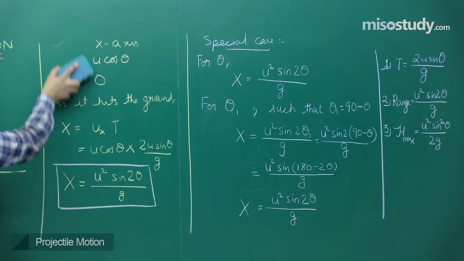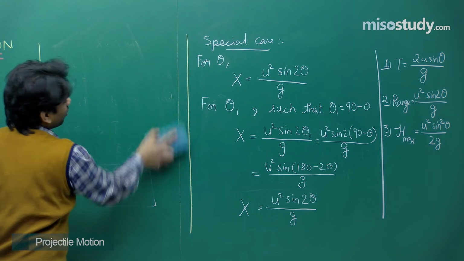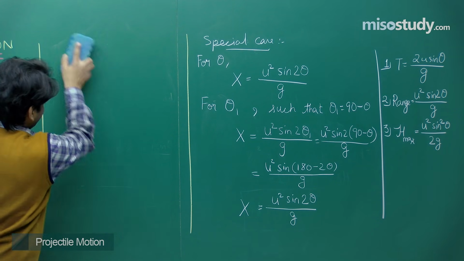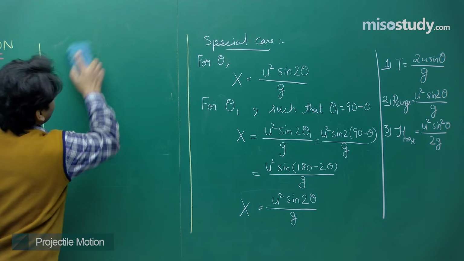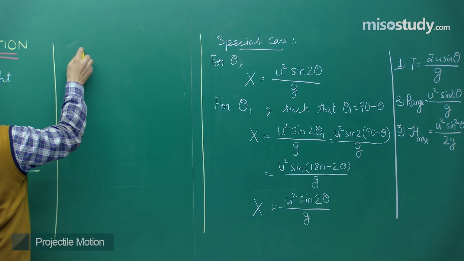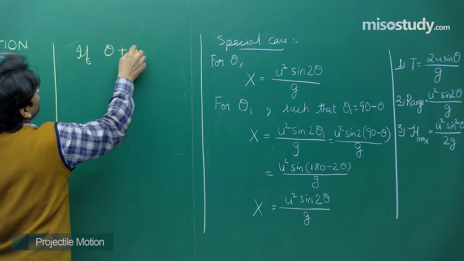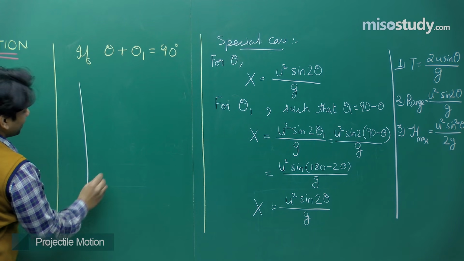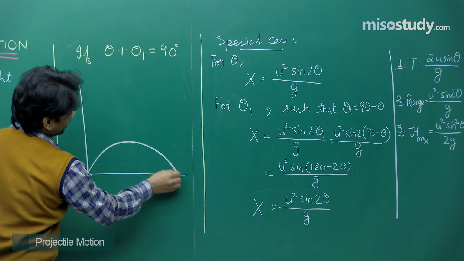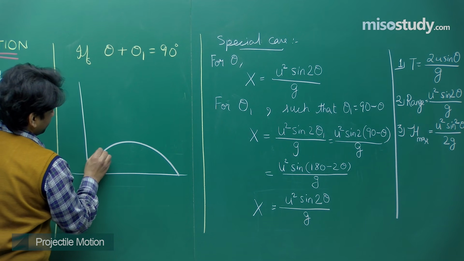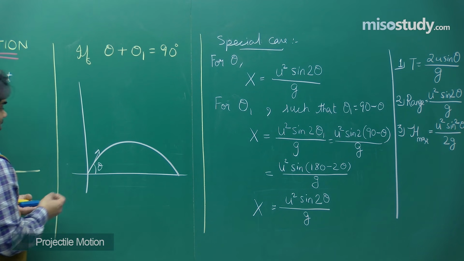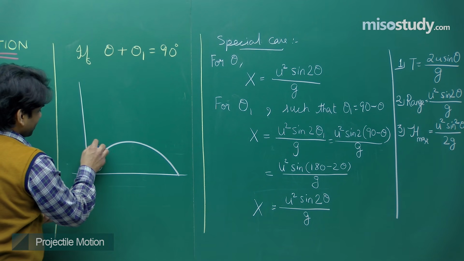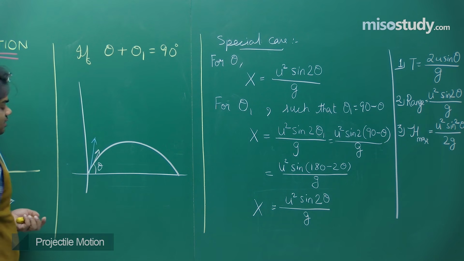If I draw a diagram representing the case that we are talking about, if both the angles are complementary to each other, if theta plus theta 1 is equal to 90 degrees, what it implies is that if you throw a body at angle theta, let's say this is 30, and another body at 60 degrees, let us say this is the angle theta 1.